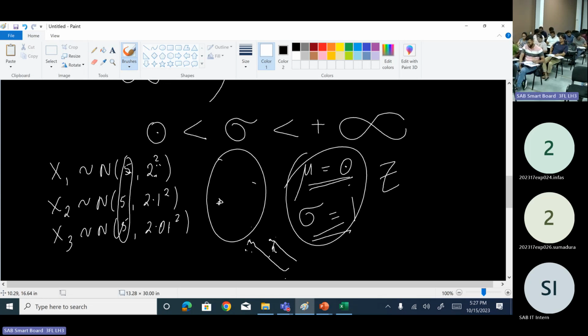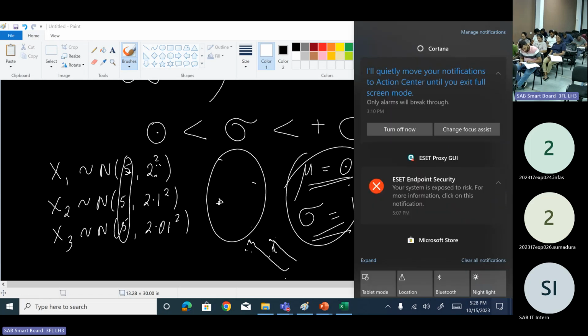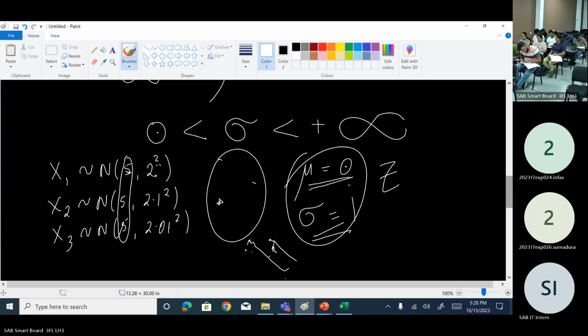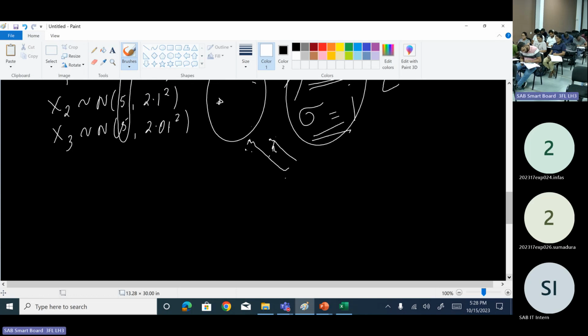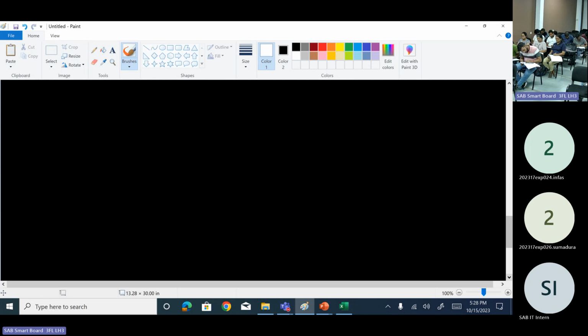According to the values that mu and sigma can take, we have a huge collection of normal variables.